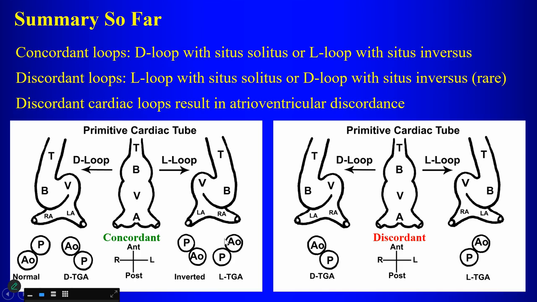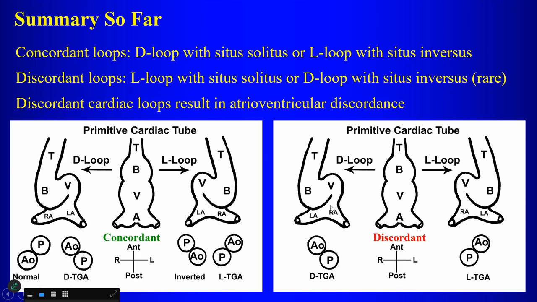However, they might develop transposition, which is again extremely rare, but we will call that L transposition, right? And so in this case, that is the bad kind of transposition, right? It's not congenitally corrected.